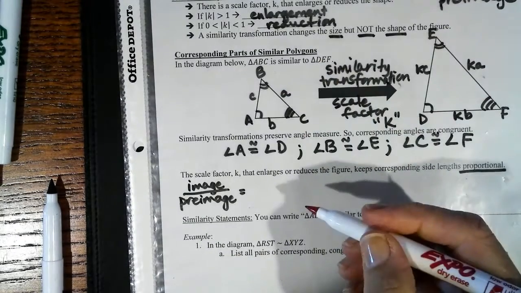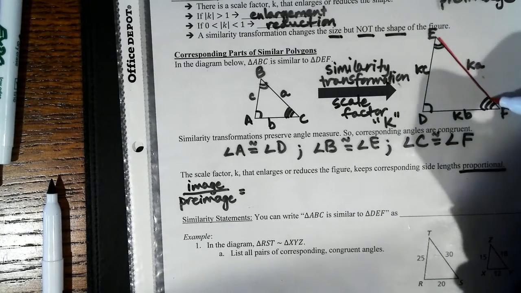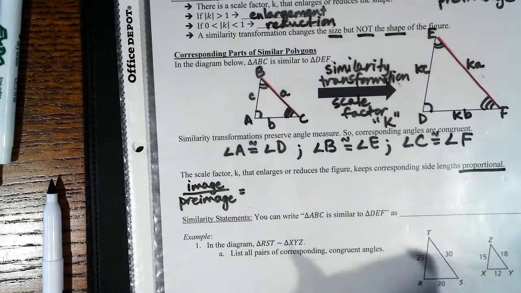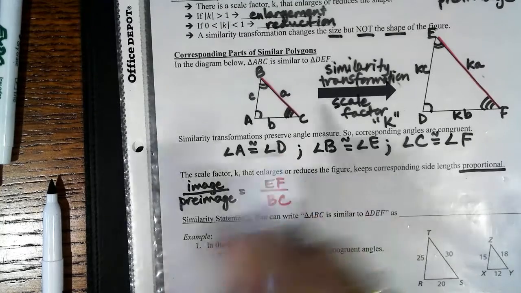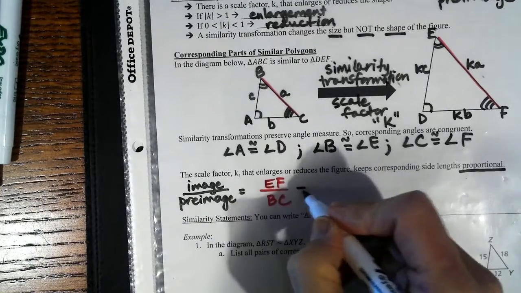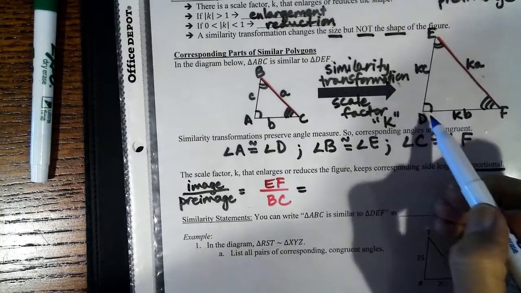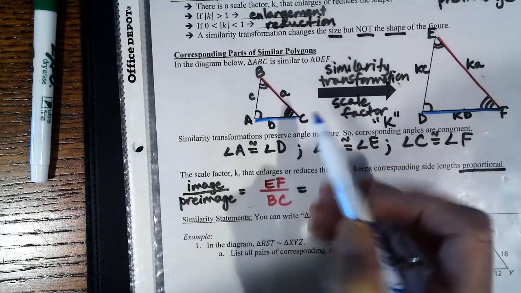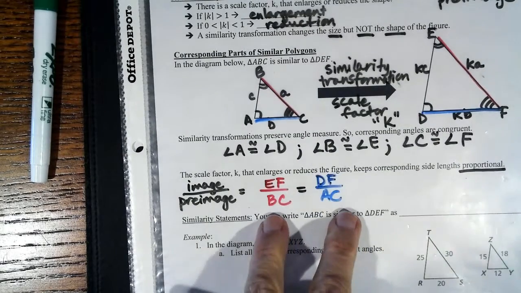So what I can do is write this one, EF, that image, and that corresponds to BC. You can also write, let's do the bottom one, DF corresponds to AC. And that's a proportion.